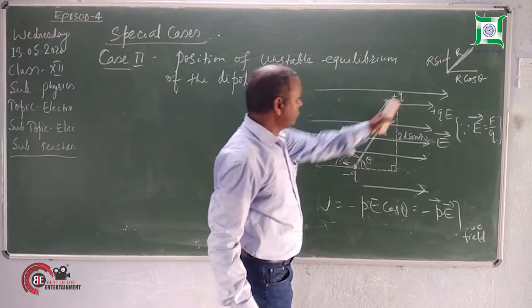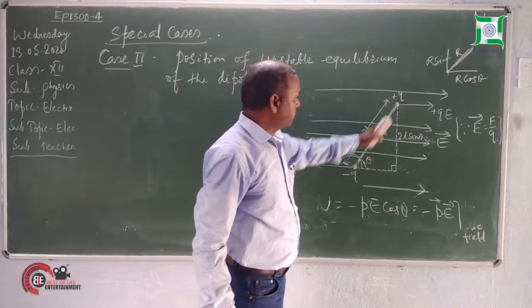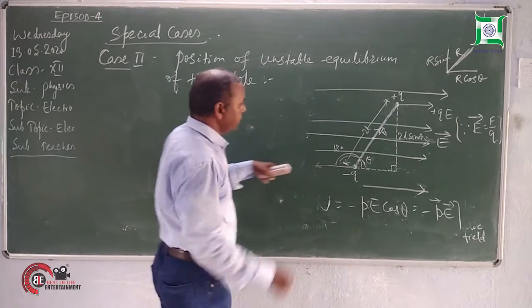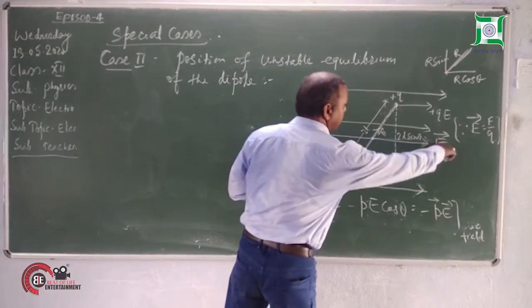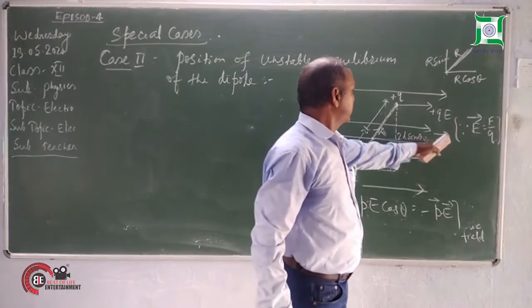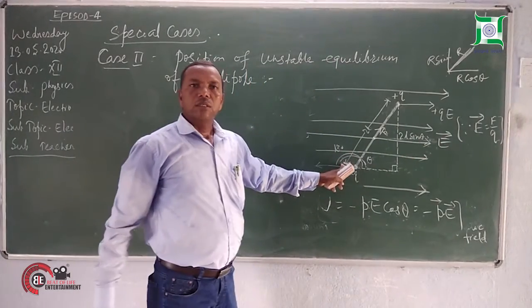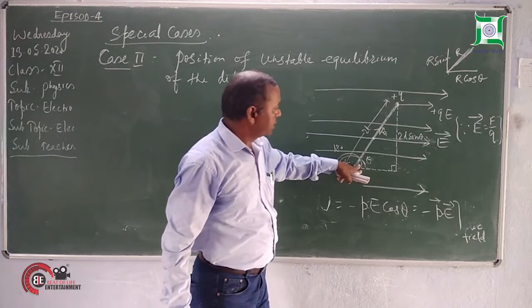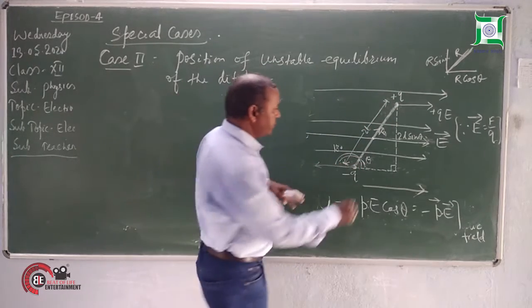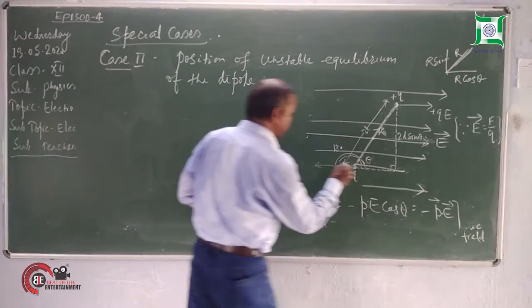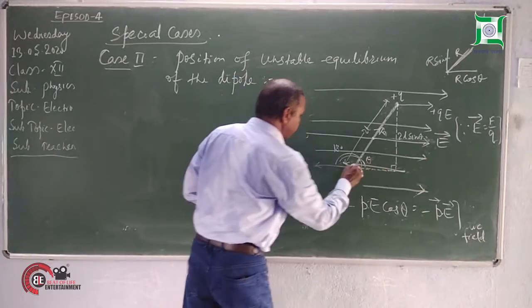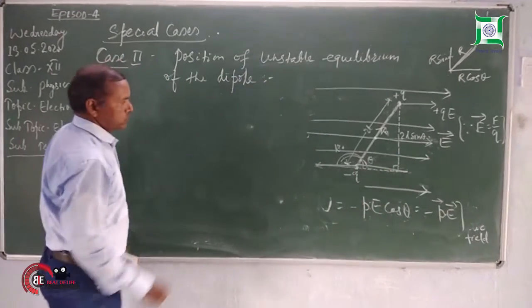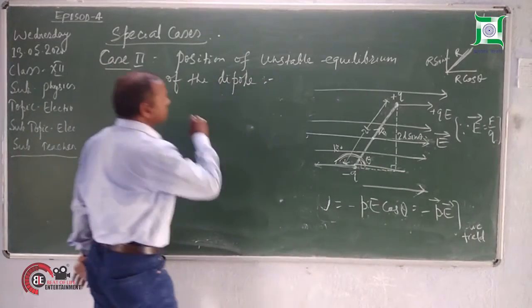It means the position of this dipole or the dipole moment will be anti-parallel to the direction of electric field. When theta is equal to 180 degree, the dipole will be anti-parallel. ये विपरीत इलेक्ट्रिक फील्ड की दिशा के विपरीत में होगा, उल्टा सीधा स्ट्रेट में होगा.